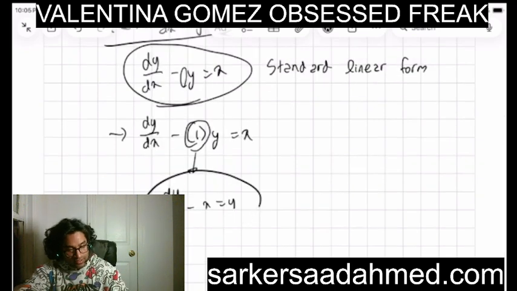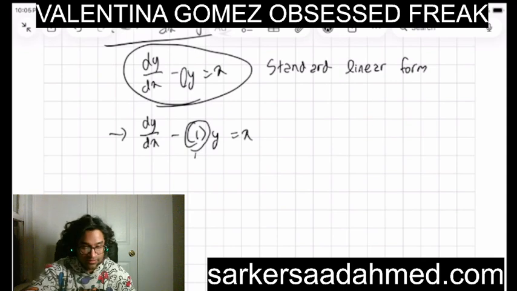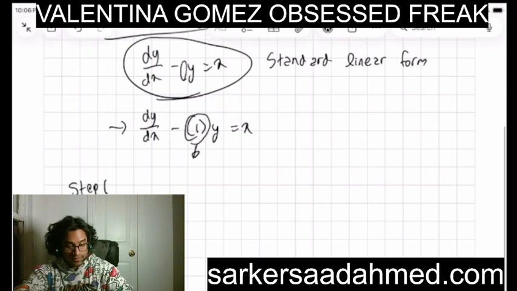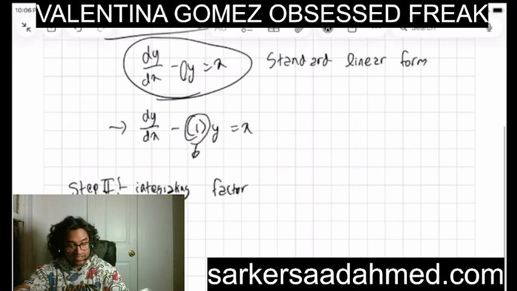So let's just go back. When I have dy by dx minus y is equal to x, what I'm going to do is find the integrating factor. So step 2, integrating factor.